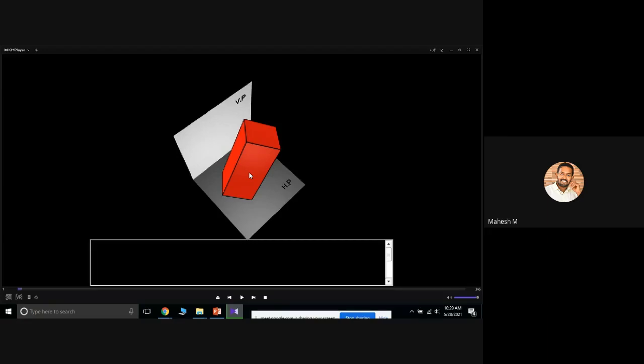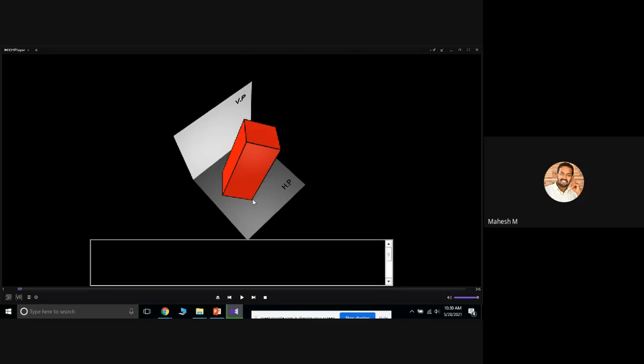Diagonal means connecting the opposite corners of the two opposite faces. We have two square faces, the bottom face is a square and the top face is a square. The bottom face has 4 corners, so I'm going to pick a corner like this.